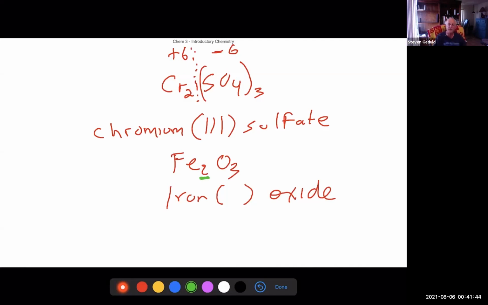Because you have to determine the charge by balancing it. Oxygen is -2, and it's 3 times. That gives you a total of -6. Iron has to be +6 total, so it matches. And there are 2 of them, so each one has to be 3 to give you a total of 6. So that compound is iron 3 oxide.